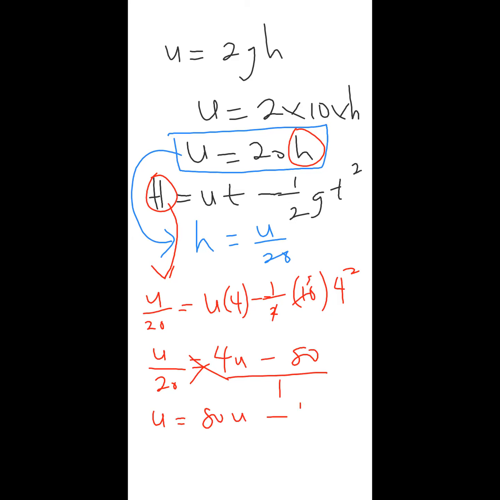Yes, 1,600, I'm right. 20 times that, 20 times that, yes, ut minus half gt squared. It balances. So you now collect like terms. I can bring this one out. So I have 1,600 is equal to 80u minus u, and that is 1,600 is equal to 79u.